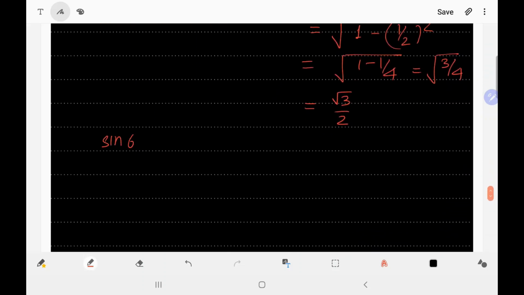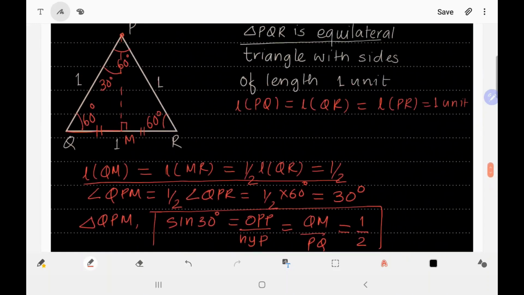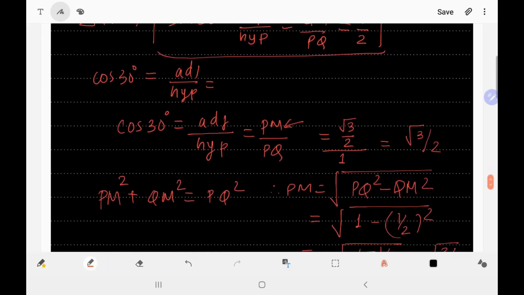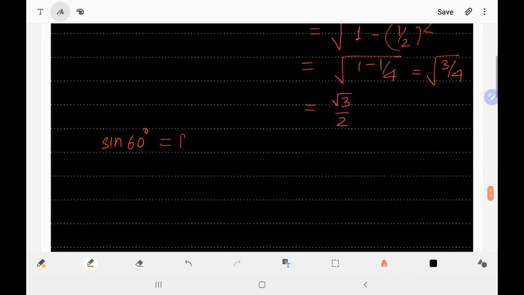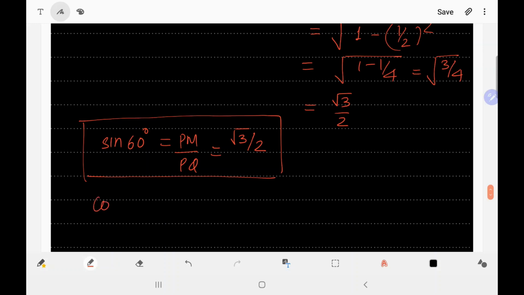We can define sine 60 degrees also. Sine 60 will be the opposite side, which is PM, upon the hypotenuse, which is PQ. So sine 60 is PM upon PQ. We know that PM is root 3 by 2 and PQ is 1, so sine 60 becomes root 3 by 2.